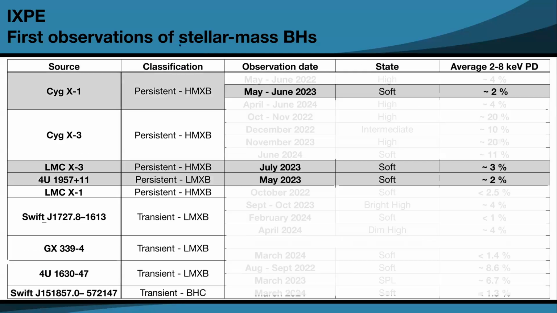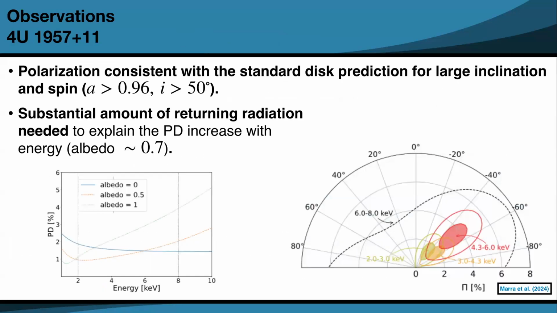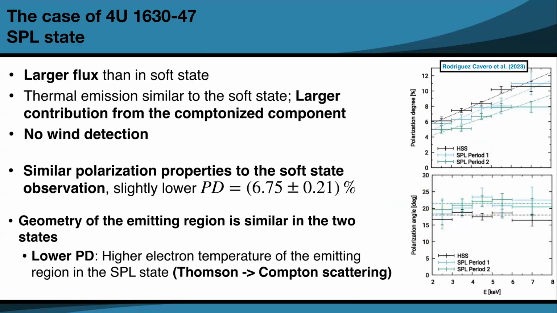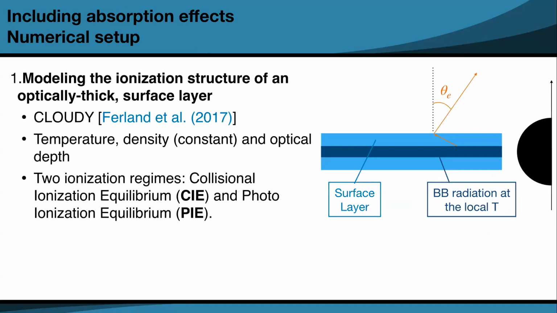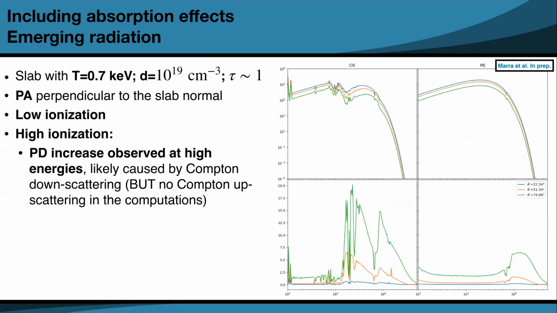Regarding black holes, it would be nice to observe at larger energies, since, for example, in this model we expect the polarization degree to peak above 10 keV. So it would be nice to extend towards larger energies.